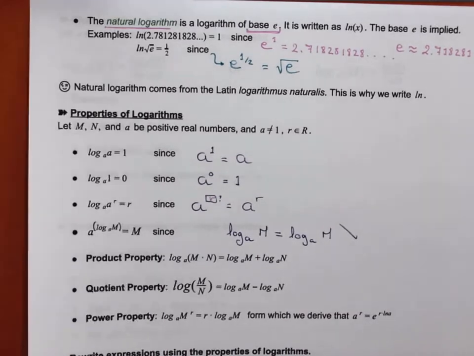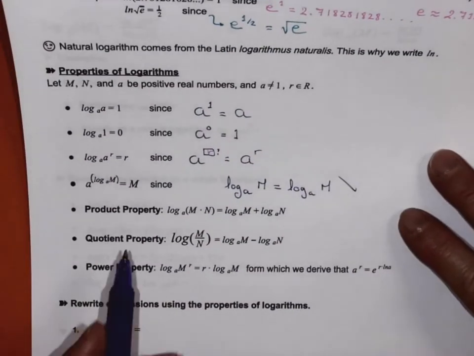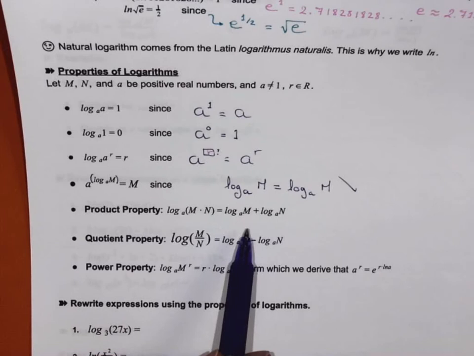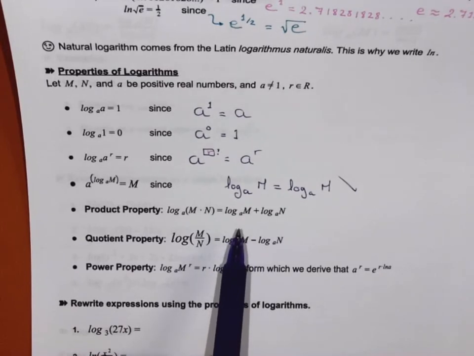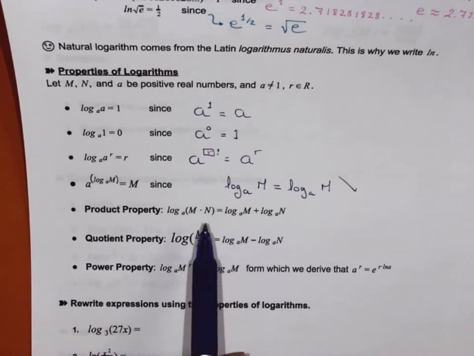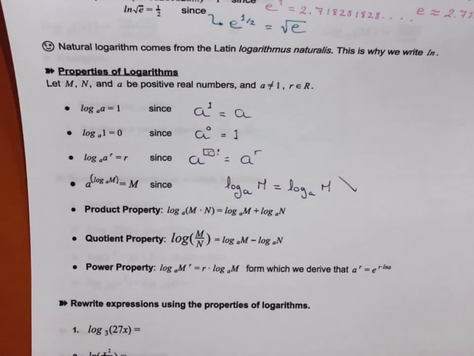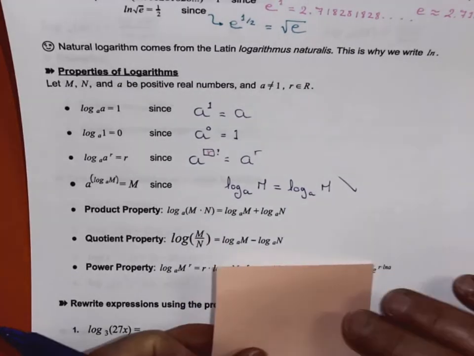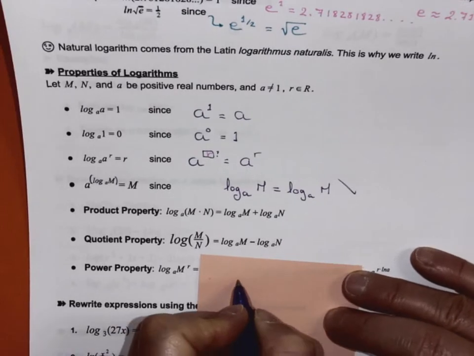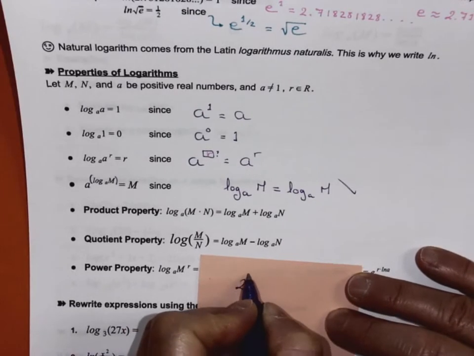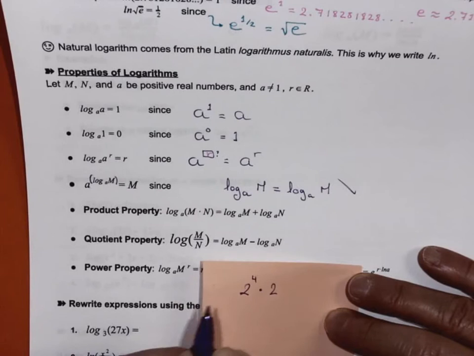Okay, product property. The product property, you should see the connection to exponents, because what happens when I multiply two bases that have the same exponent? So let me get my little sticky note again here. For example, if I would have 2 to the 4th times 2 to the 5th, what would I do?